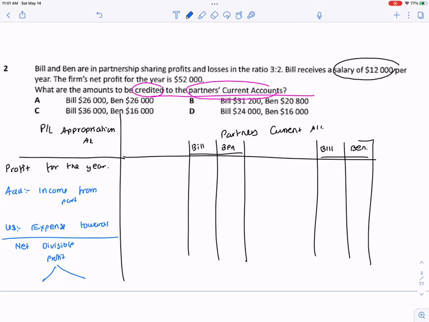Which side will I write this? Credit side. What will I write? Expense: salary, commission, 12,000, and interest on capital. Now we are giving salary of 12,000. Are you with me?